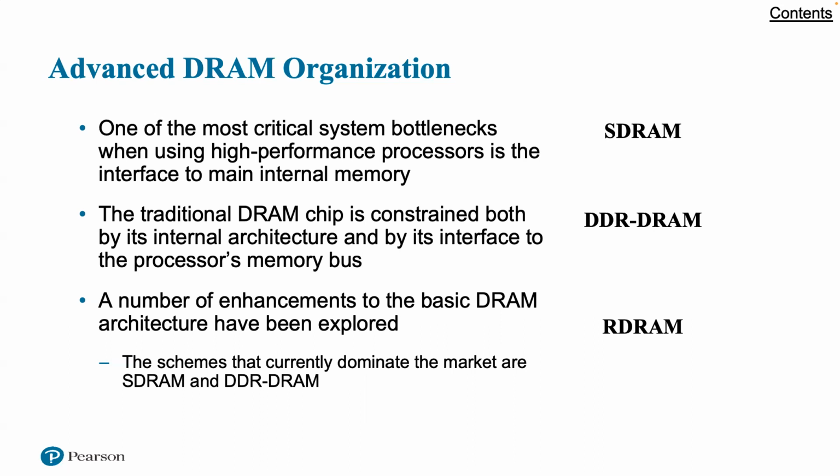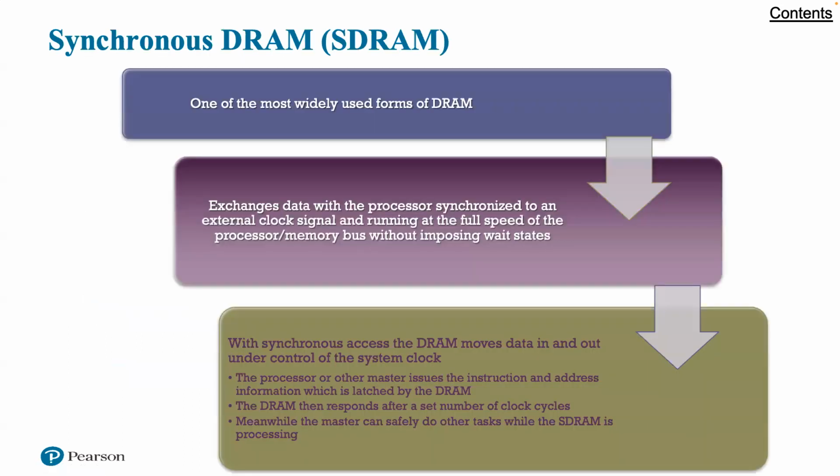So that's one option. In recent years, a number of enhancements to the basic DRAM architecture have been explored. The schemes that currently dominate the market are SDRAM and DDR DRAM, and we're going to turn to these next and discuss those. So hold on and you'll get a chance to know what that means.